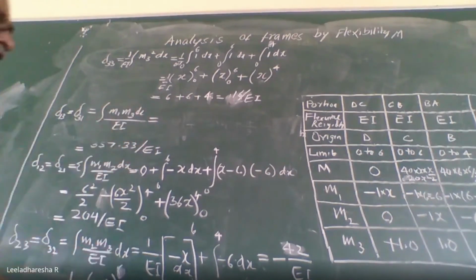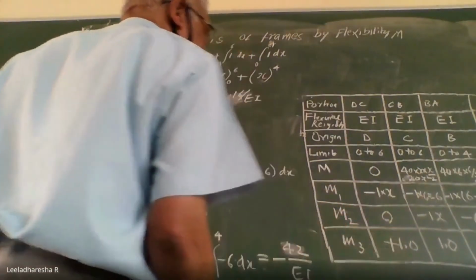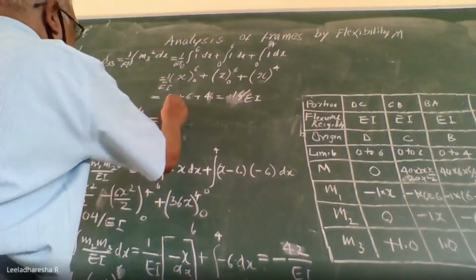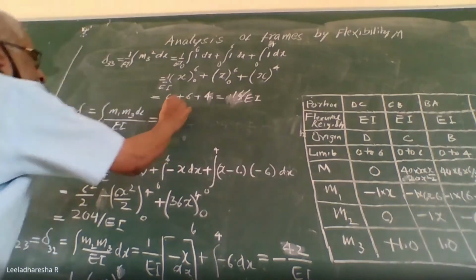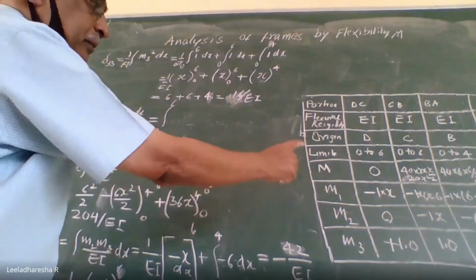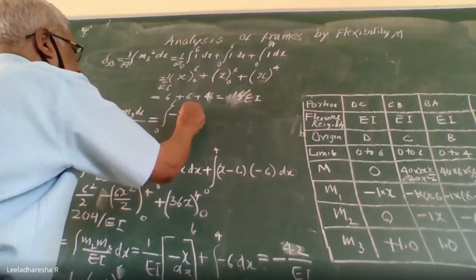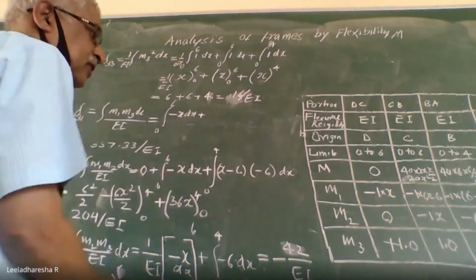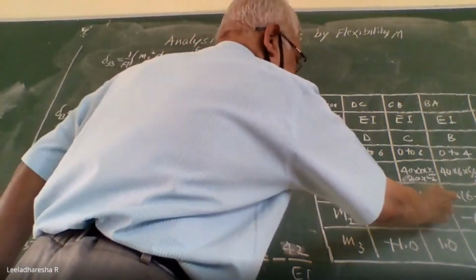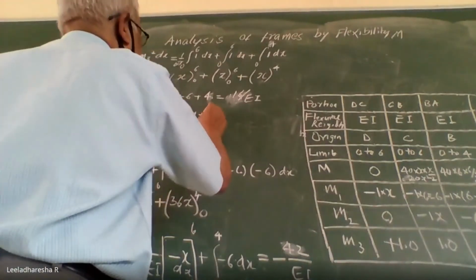So now m1 into m3 for the next one, minus integration between the limits 0 to 6, m1 into m3, minus x into 1, it will be minus 6 into dx plus, for the second portion, 6 into 1. Again we get minus 6.